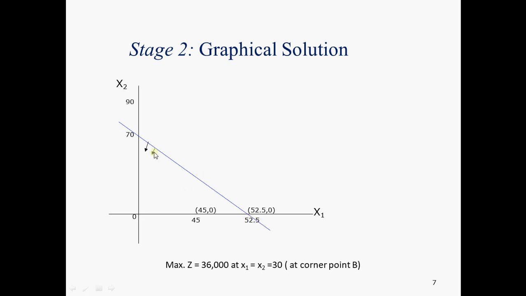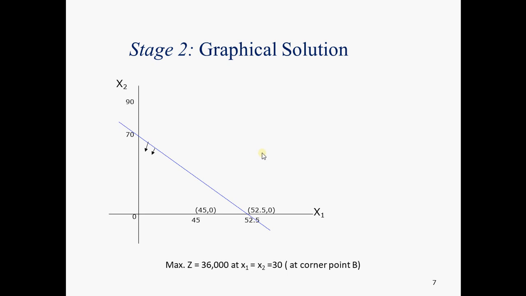But here, as it is less than or equal, the set of points on this line or below it will satisfy the constraint. Simply remember, whenever it is less than or equal, you have to put the arrows down.